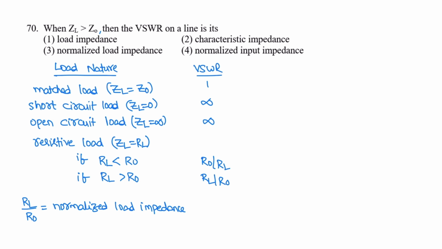So when ZL is greater than Z naught, that is RL greater than R naught, the VSWR on the line is RL by R naught. This RL by R naught is also called the normalized load impedance. The correct option is 3.